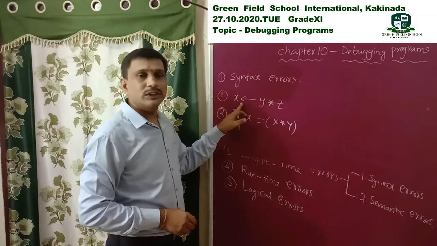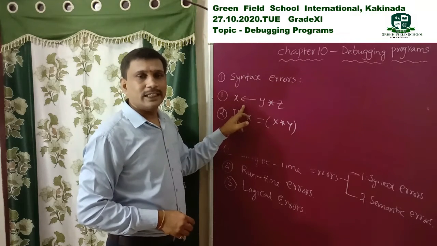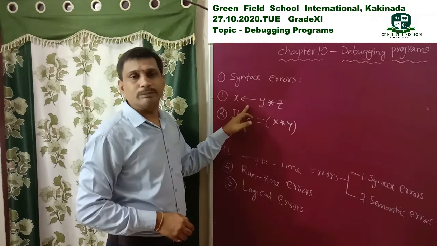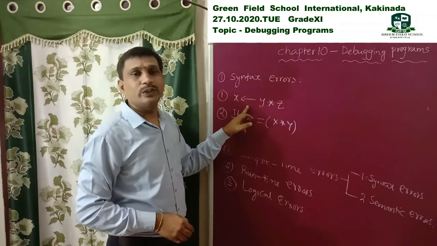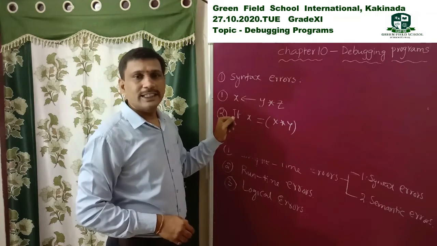But here we use an arrow symbol, which is not an assignment operator. This symbol is used in algorithms, when writing algorithms. This is a syntax error.